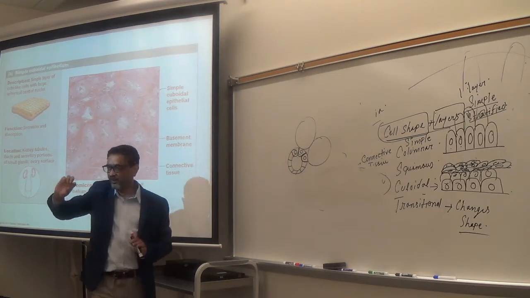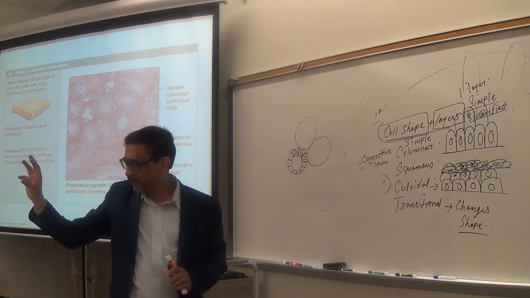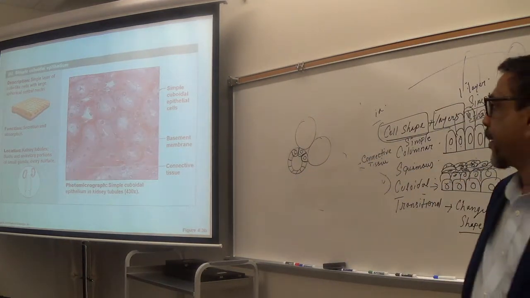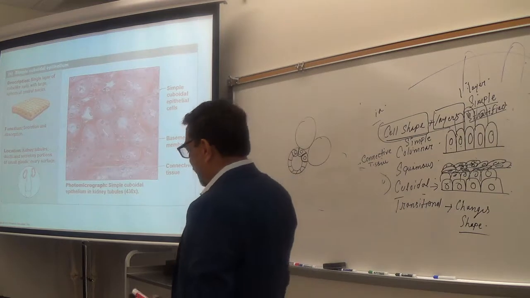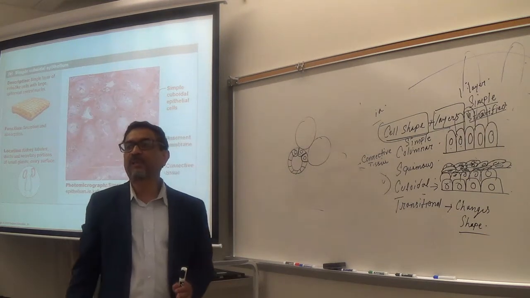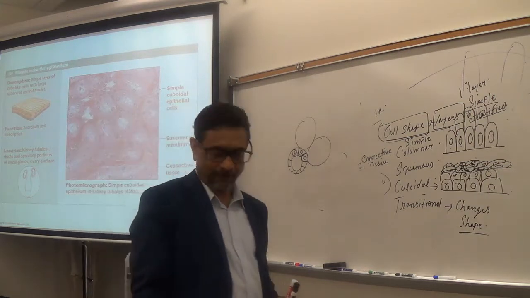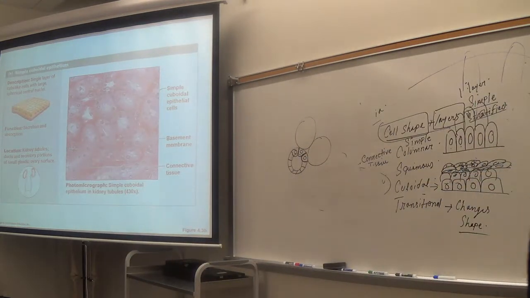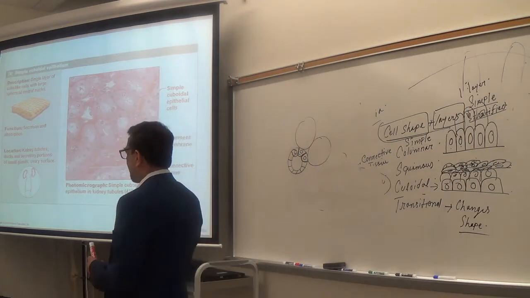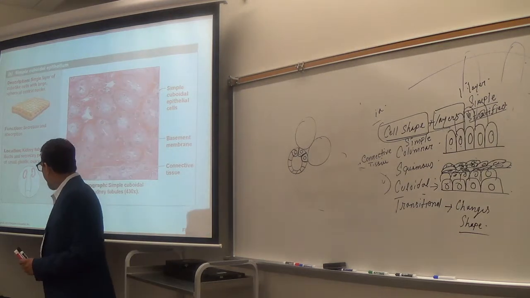Okay, so this is cuboidal. By looking at that shape, you can say this is cuboidal. So write it down. In the ducts of the kidneys and glands, you have simple cuboidal. Kidney ducts or tubules, same thing, and glands.